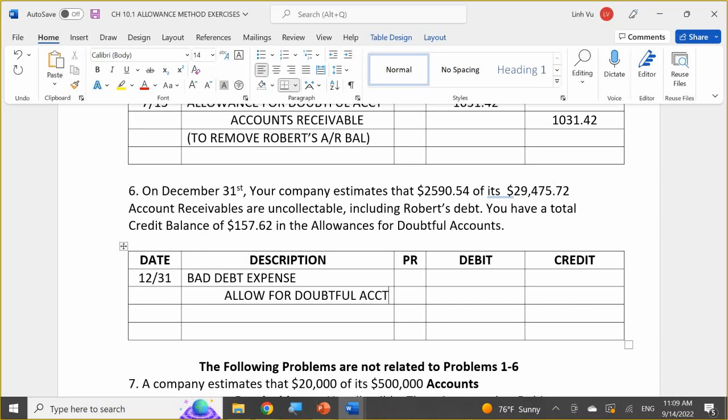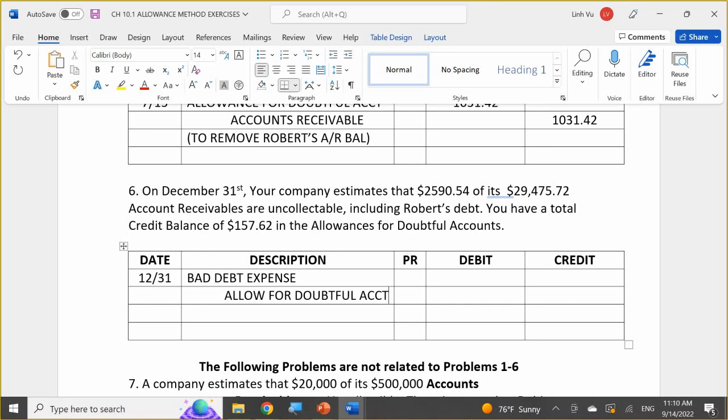You would subtract the two, and that amount goes in the bad debt expense. Correct, because you already are on the credit side. Remember the allowance for doubtful accounts is a contra account. It has to have a credit balance at the end of the day.